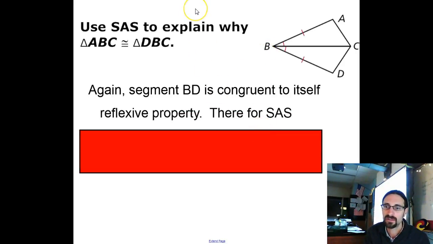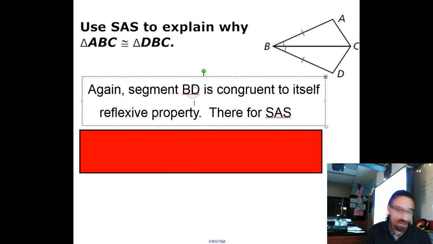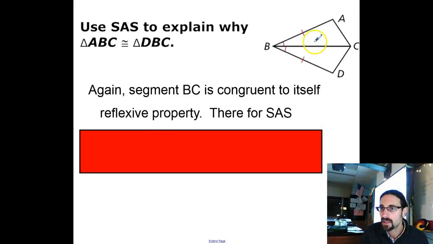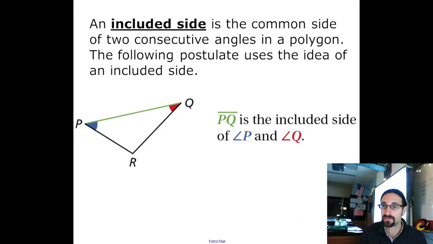Yikes, Mr. Rising. Scary stuff there. BC is congruent to itself. And let me label this right now to make sure that that's really clear. So that is congruent to itself by the reflexive property. So now we have a side, angle, side, a side, angle, side. And therefore we can use SAS.